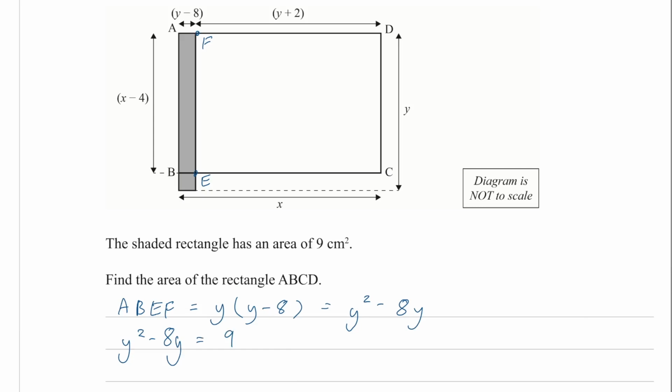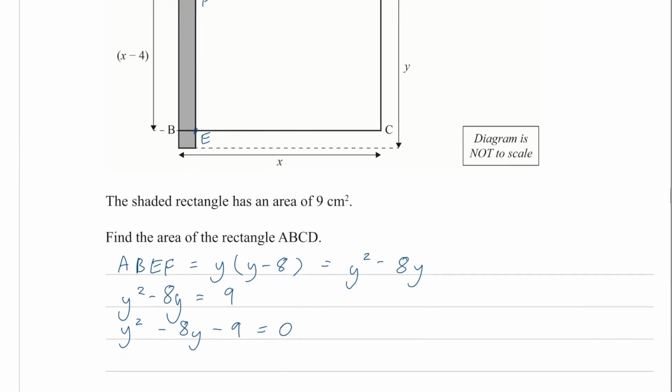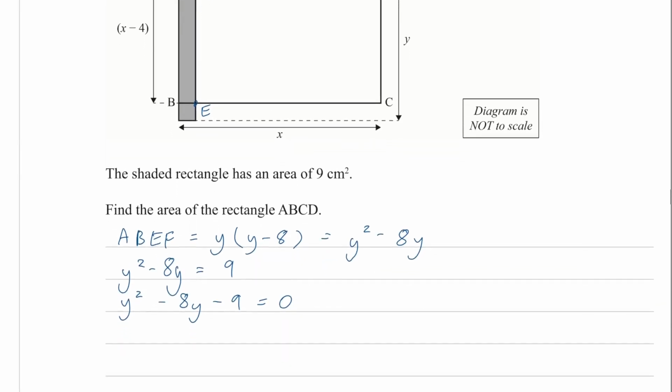Right, so straight off the bat, we have a quadratic equation, which we can solve and figure out the value of y. So taking 9 off of both sides, and then solving for y, do y minus 9 times y plus 1.